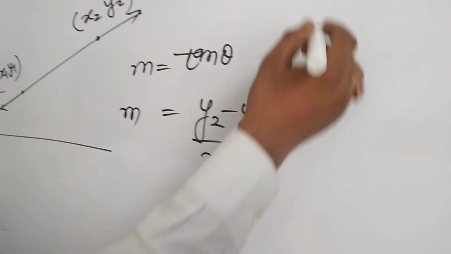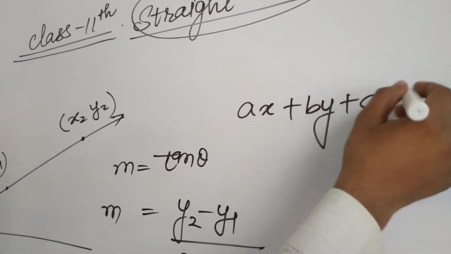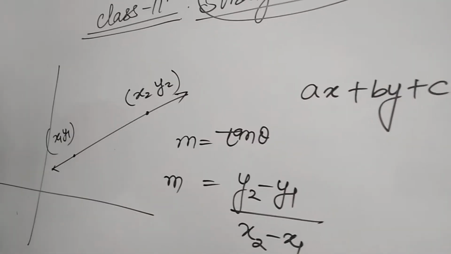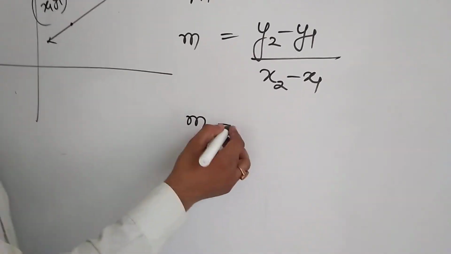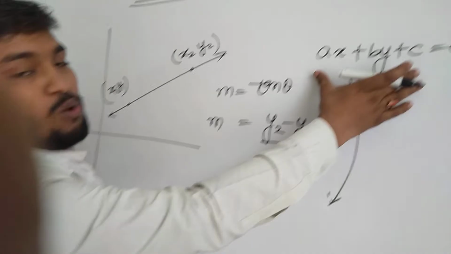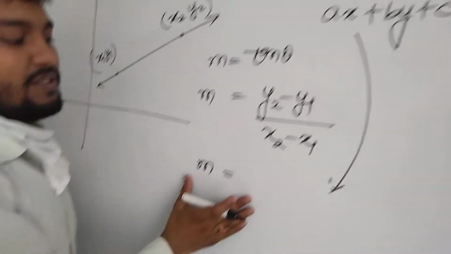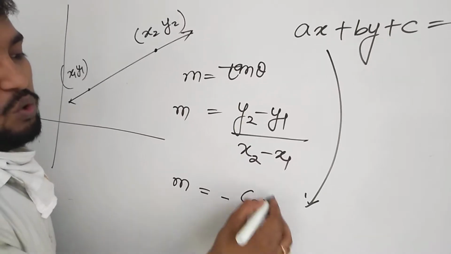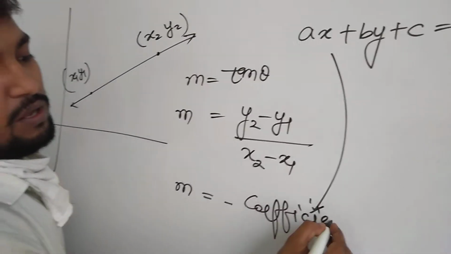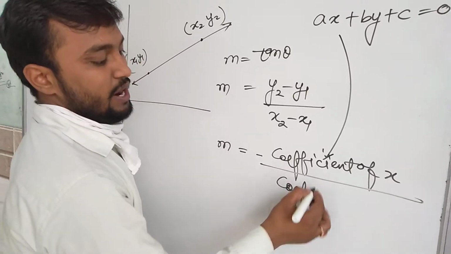And if we are given the general expression of a line, that is ax plus by plus c equals 0, at that time we have the formula of slope: minus coefficient of x upon coefficient of y.